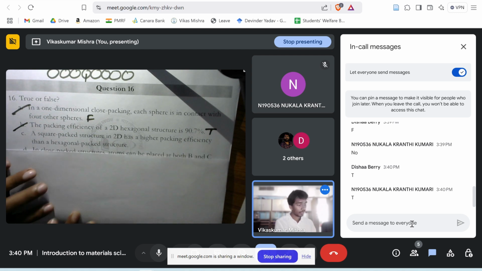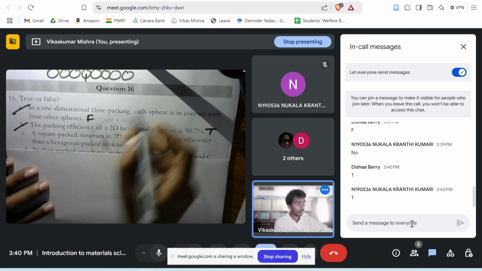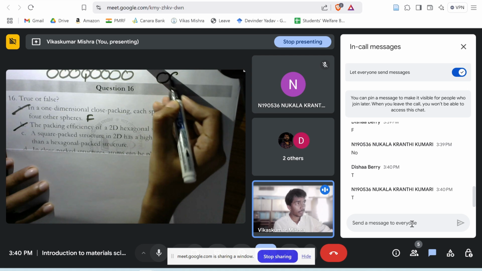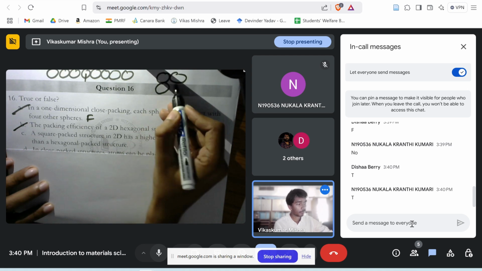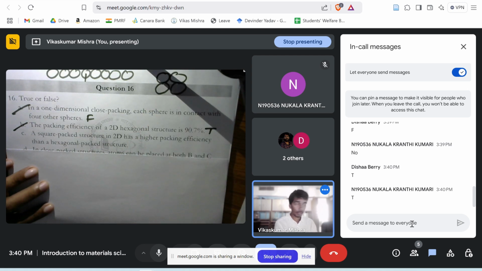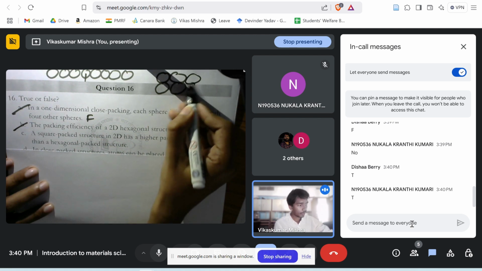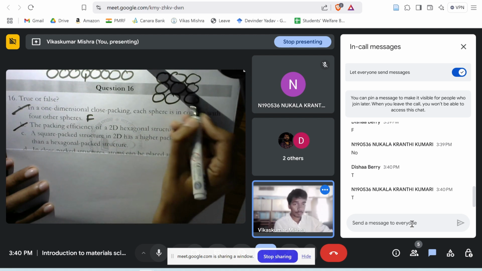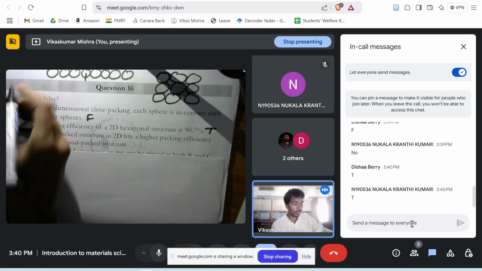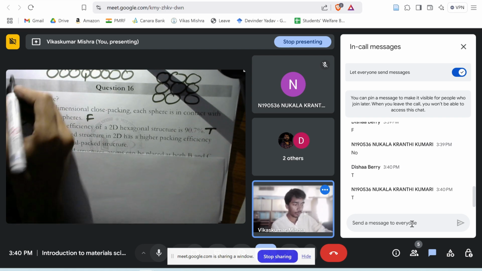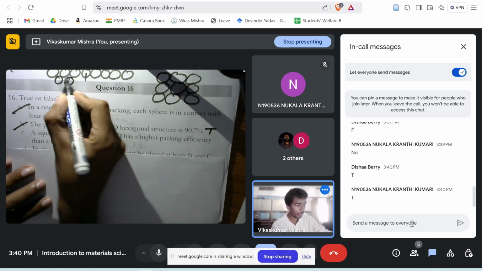Is it true? A square close pack will look something like this, while hexagonal will look like this, the one which we have already seen. Let me make it over here itself.